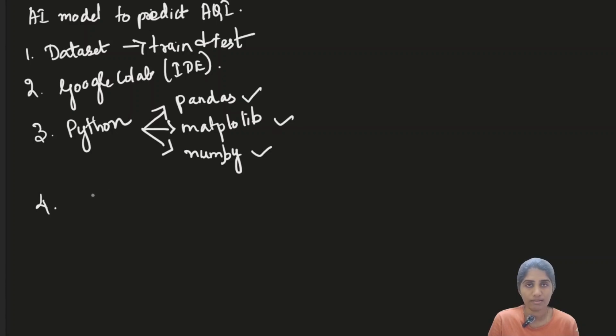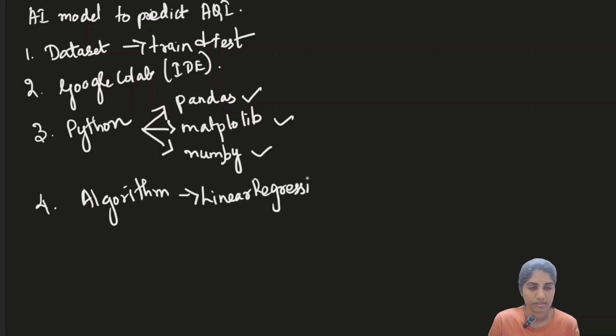For training the model, which algorithm am I going to use? I have selected linear regression as my algorithm. I selected it because pollution is my independent variable, that is, the independent feature.